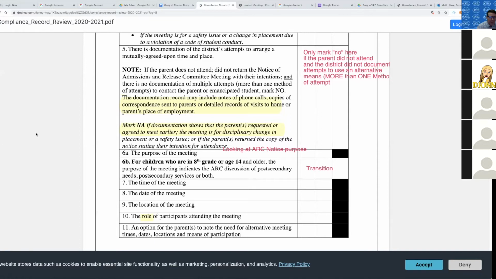And if they haven't, then is there an excusal? But in order to have a properly constituted ARC, you have to have an LEA representative, a special education teacher, and a regular ed teacher at minimum. And then you try to get the parent, and if you have related service personnel that's supposed to be there, then you make sure that they're there. So we're just looking for agreement between the notice and the conference summary on this particular piece.